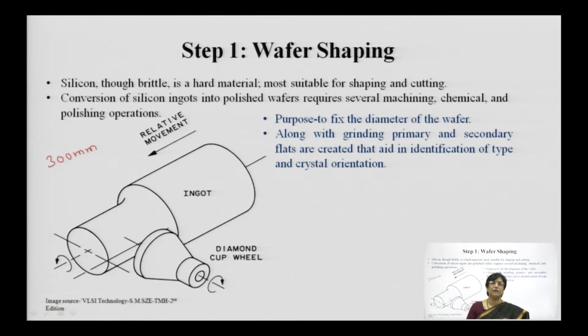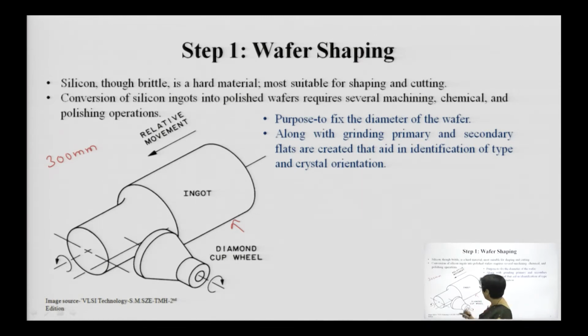It is simply like a wooden log. Similar to a sawmill, where we grind from the side to remove the scales on the wood, here also we grind the edges so that the ingot is properly cylindrical in shape.